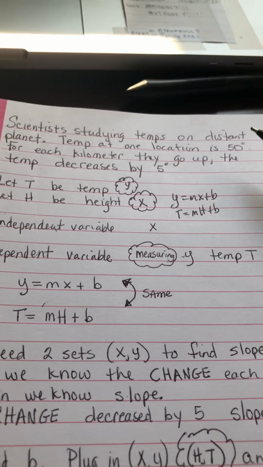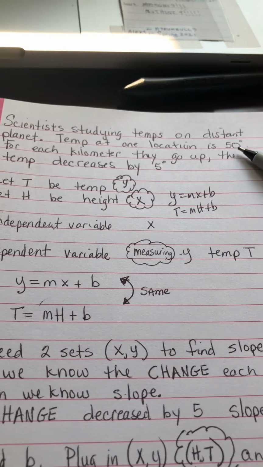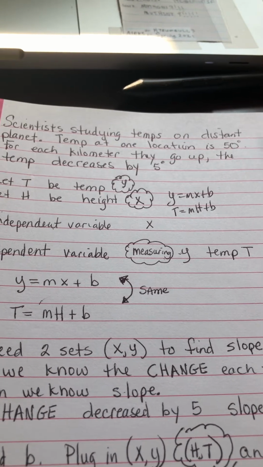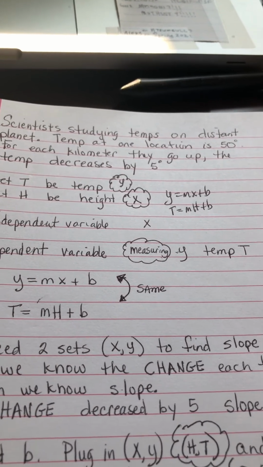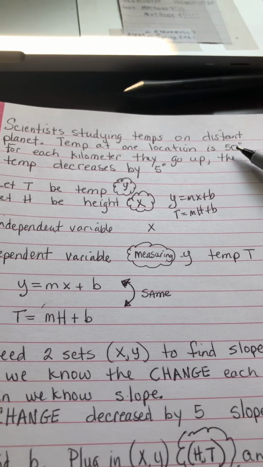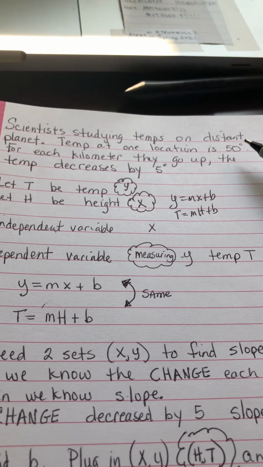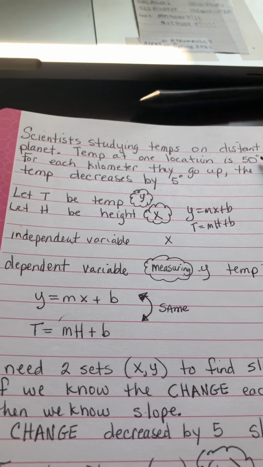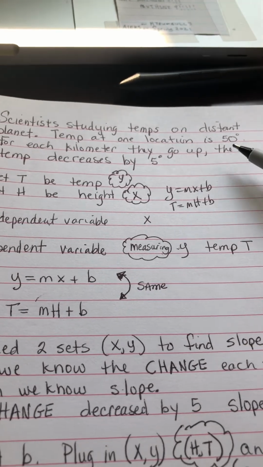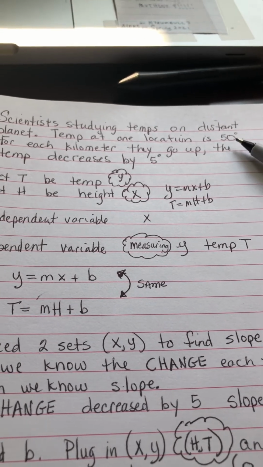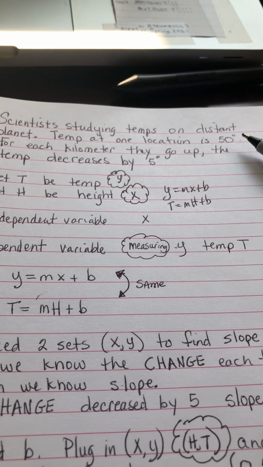They said at this one location it was 50 degrees, and then from there we kept going up 1 kilometer, and each time the degrees went down 5. So our beginning temperature, which we said was the y value, was 50, so that tells us our y-intercept is 50.